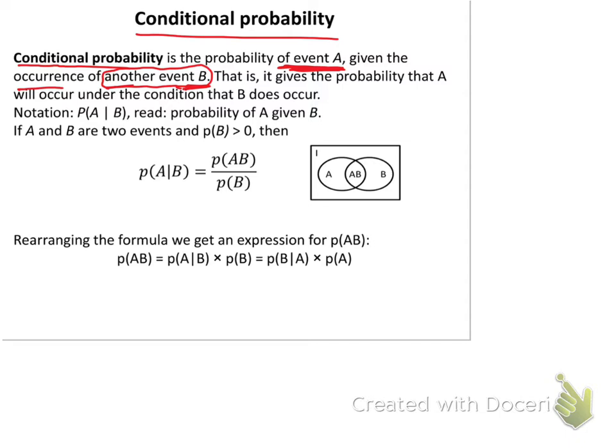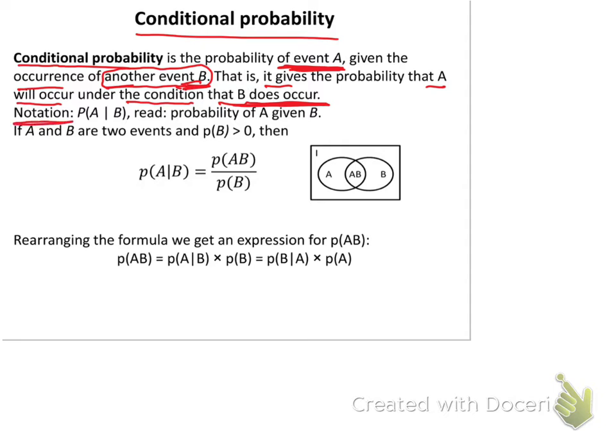So we have to take into consideration that it's already done, given the occurrence of another event B. That's it. It gives the probability that A will occur under the condition that B does occur, okay? Has happened, okay?